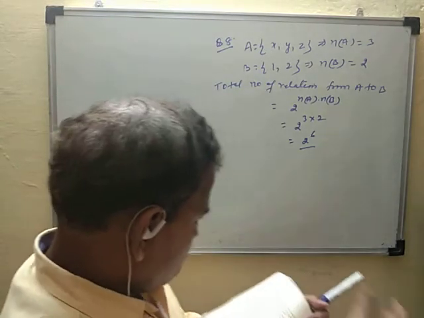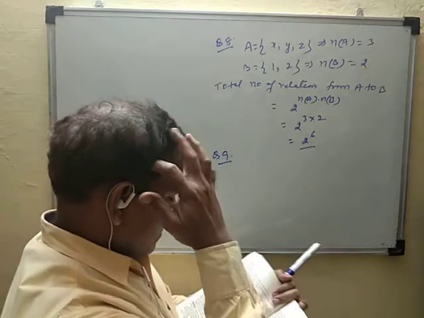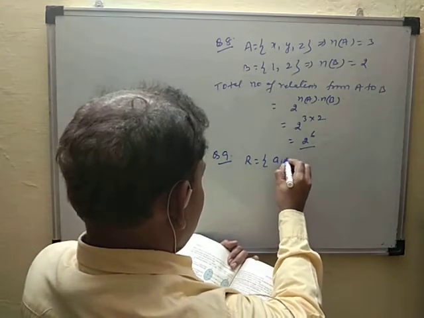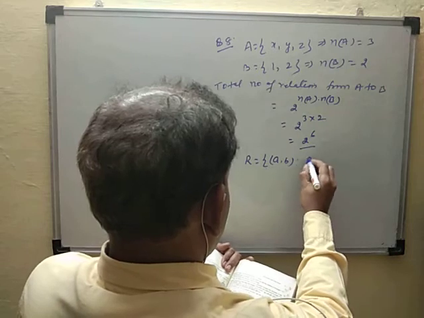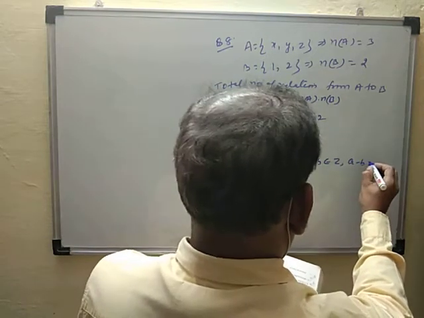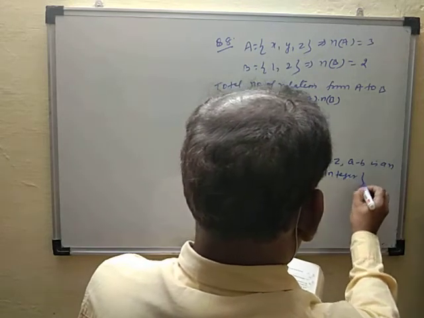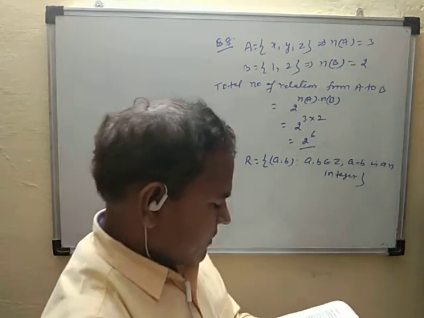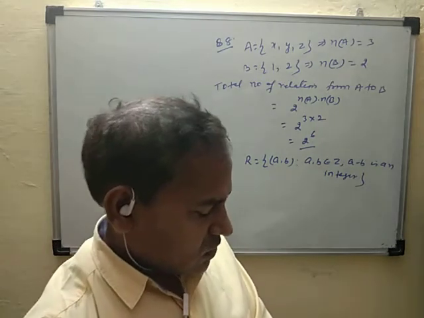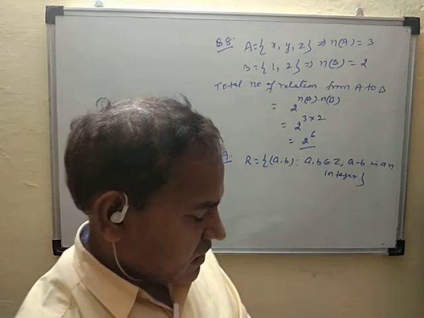Now question number 9. Let R be the relation on the set Z defined by R is equal to (a, b) such that a, b belong to Z and a minus b is an integer.